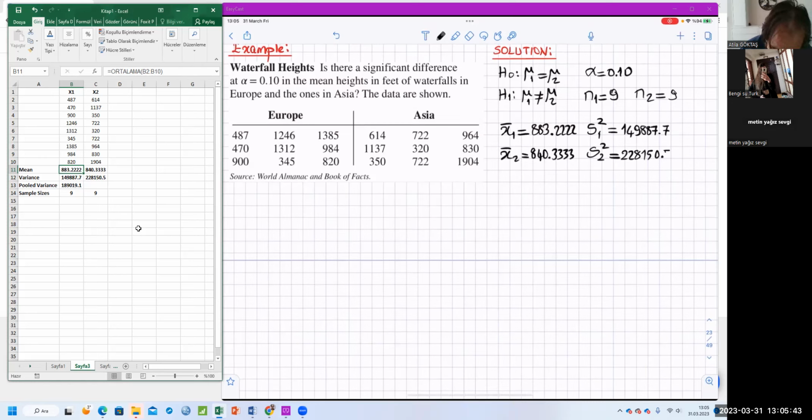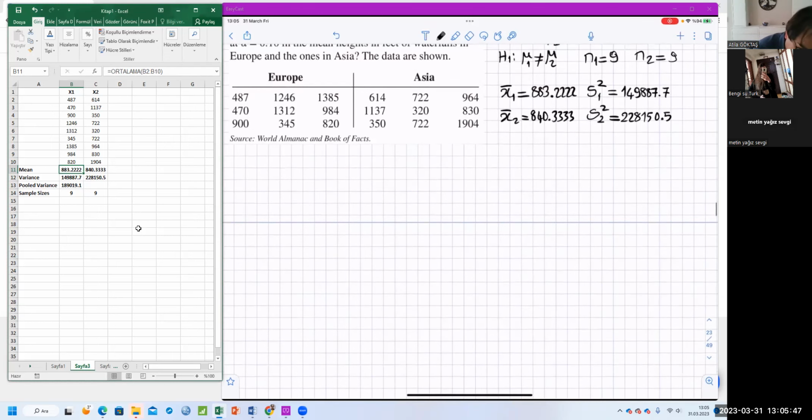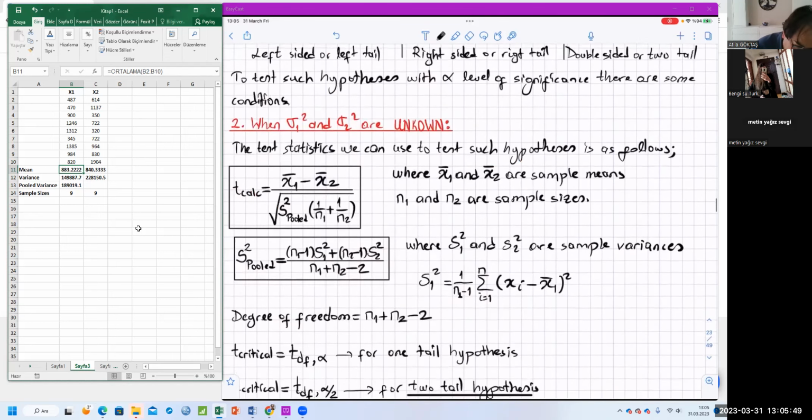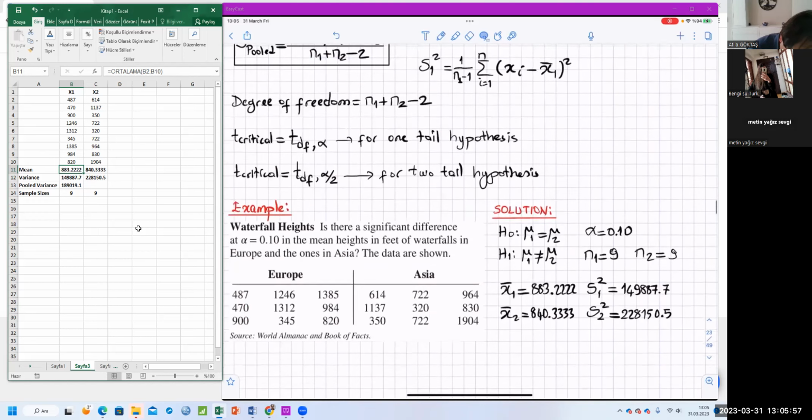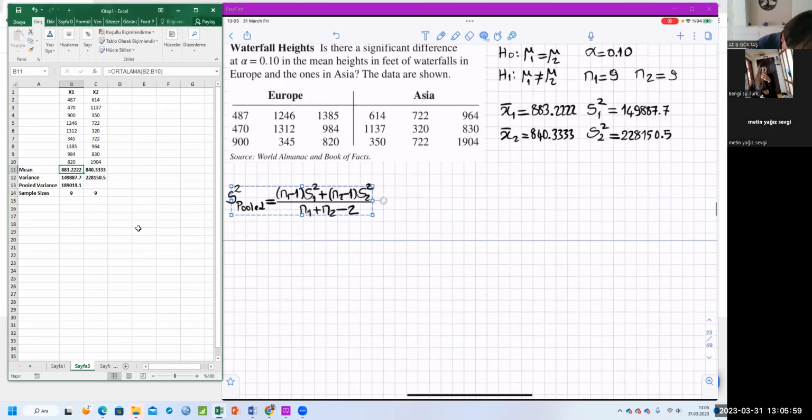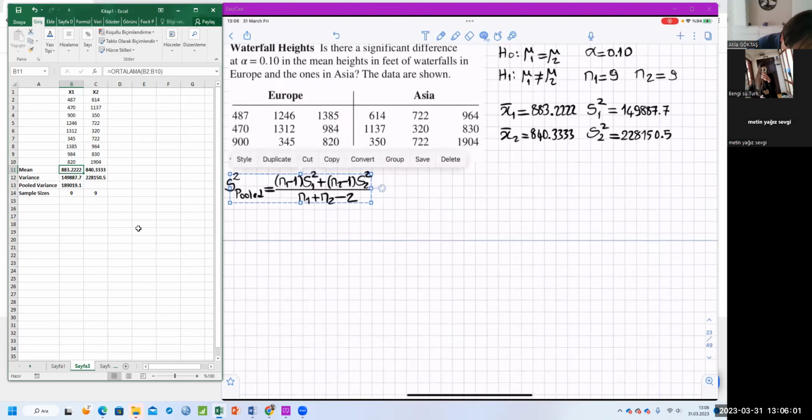Okay, the pooled variance. I'm going to copy the formula for the pooled variance. There you go. So I'll substitute whatever I need right here.